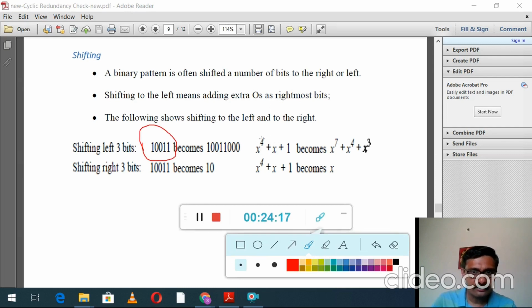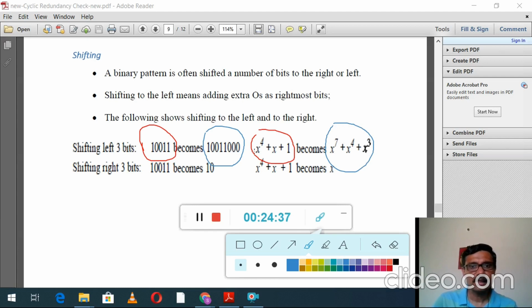Now the polynomial representation of this one is this. We get x power 7 here, the highest power, because 3 bits shifted left.